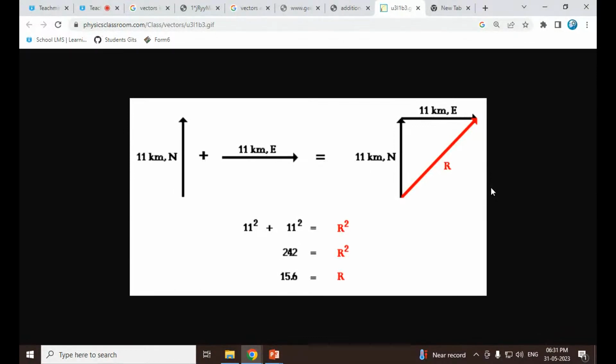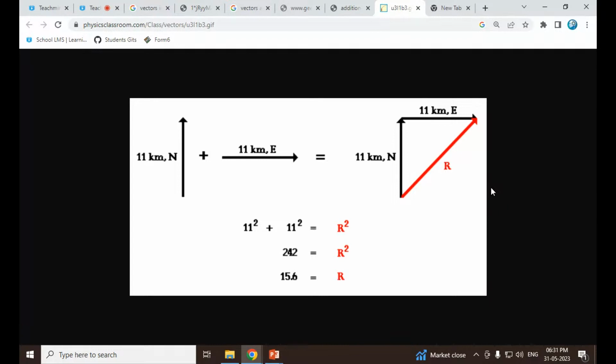You understand that? From point A, you started your journey. You came to B, 1 kilometer, and again you started your journey towards this direction.